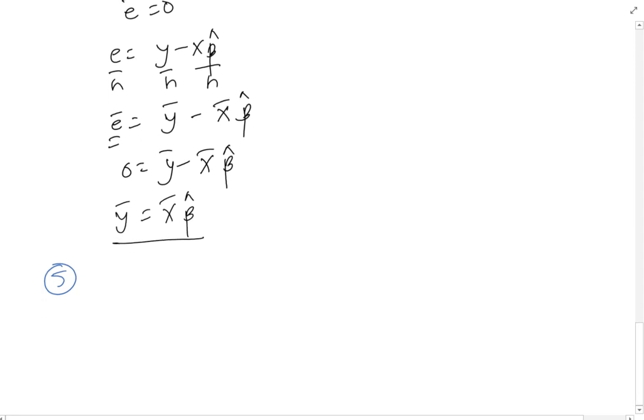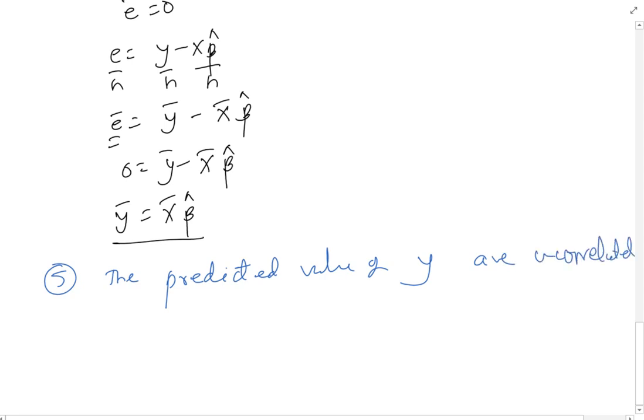The predicted values of y are uncorrelated with the residuals. The final property: the predicted value of y is uncorrelated with the error term.